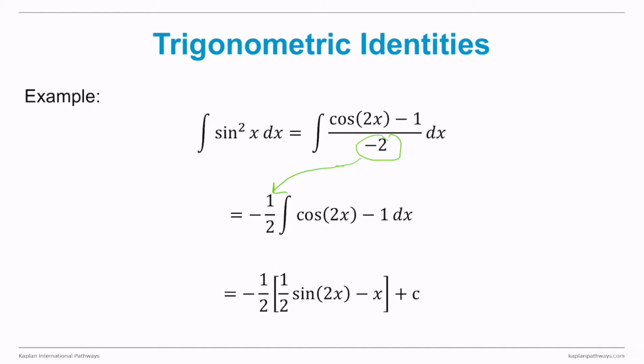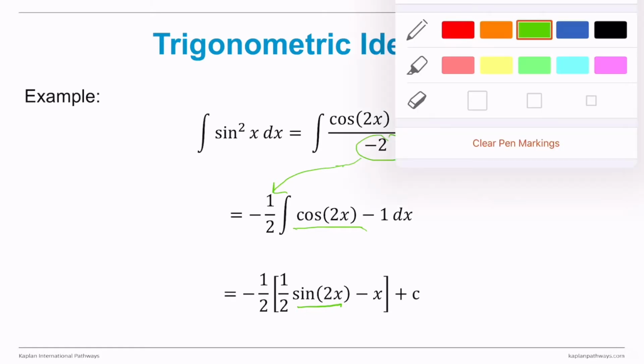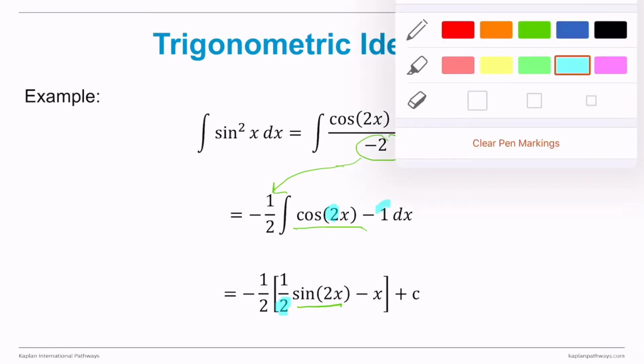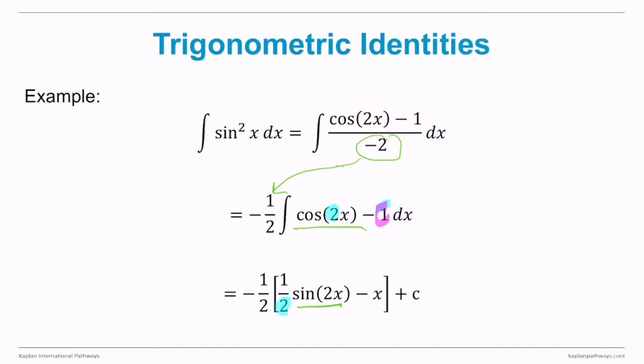What's the integration for the cosine? It's sine. The integration for cosine 2x is sine 2x divided by the derivative of the 2x, which is 2 here. We divide by 2. Now minus, what's the integration for 1?